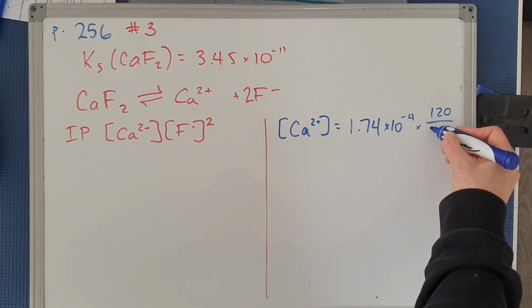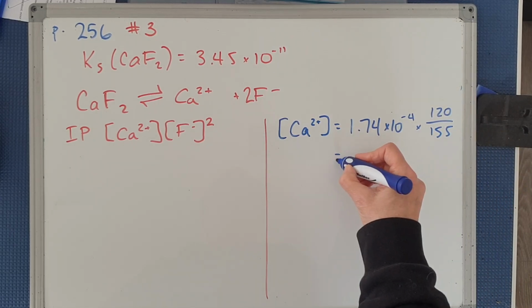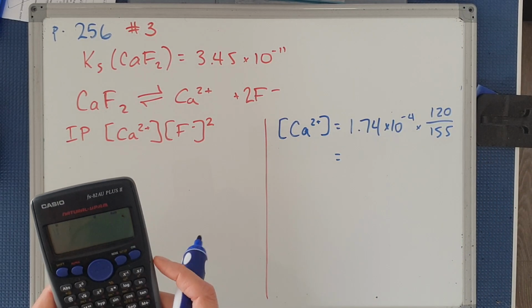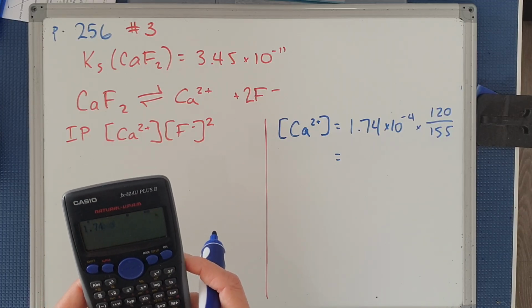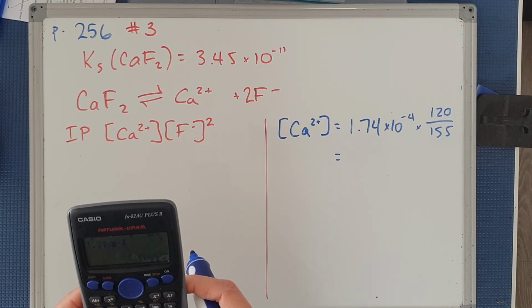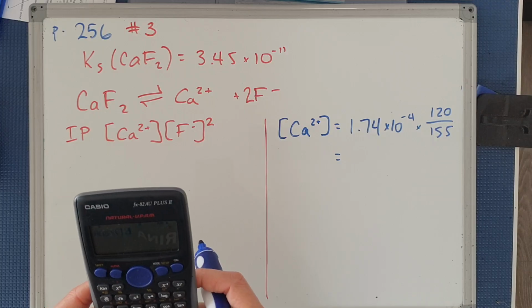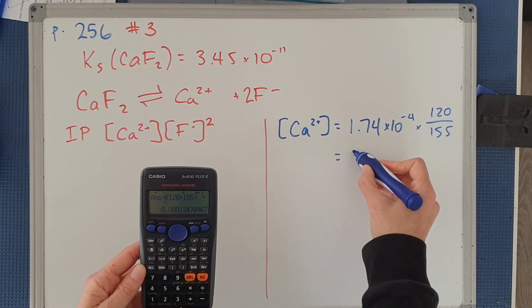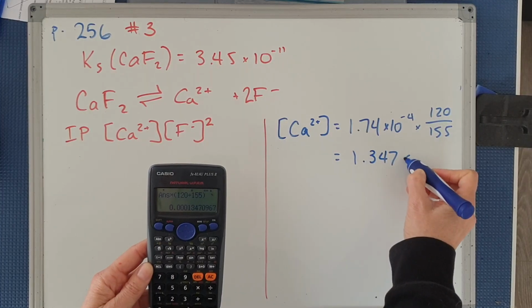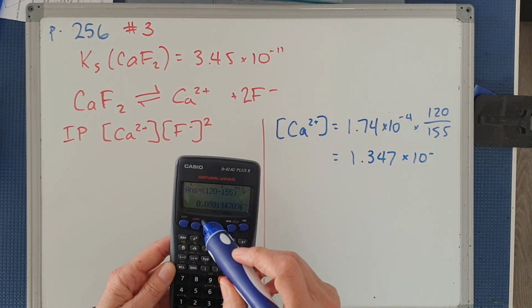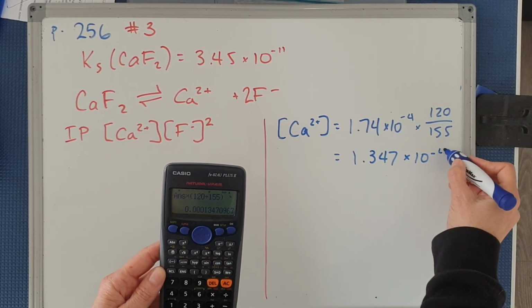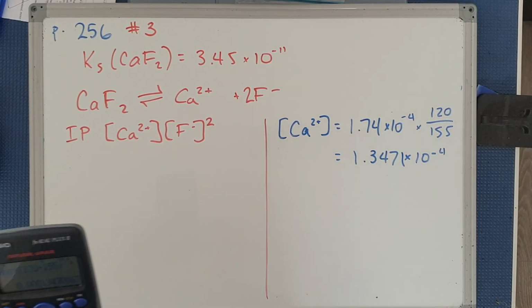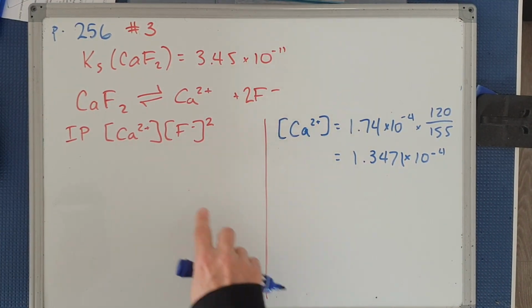So we now have 155 mils. On your calculator, 1.74 times 10 to the negative 4 times 120 divided by 155, and you will have 1.347 times 10 to the negative 4. I might actually go one more decimal space just to keep that.